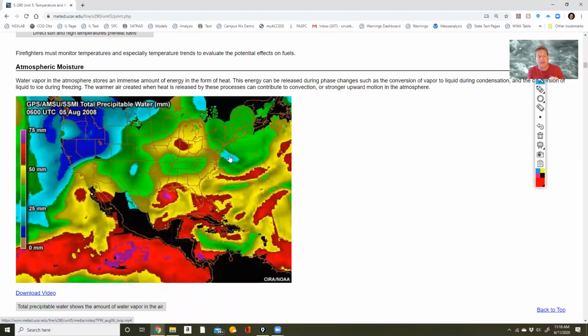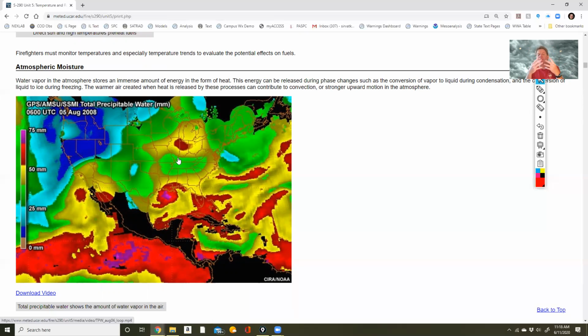Now, here's where we get a little bit more in depth as far as the moisture is concerned. So I want you to go back and imagine that we've got this box of air, and in it, there's molecules, and they're moving around. Now, in that box of air, about 78% is nitrogen. 21% is oxygen. Remember, I said, what are the two most abundant gases? Nitrogen, oxygen.